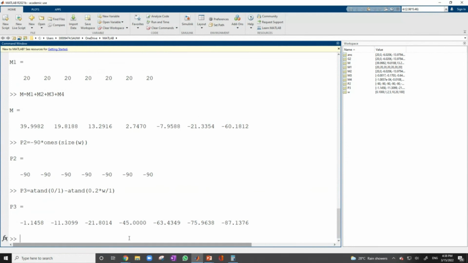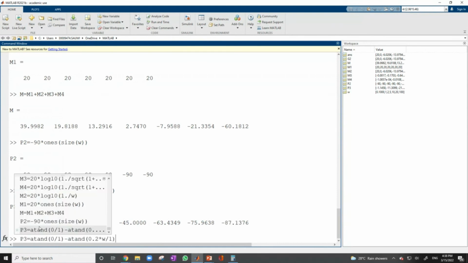And do they line up with what we expected? Well, this is 0.1125, so at 5 radians per second we've got minus 45, right? That's good. It's close to 0 at 0.1, and it goes close to minus 90 at 100, so we're pretty happy with that.